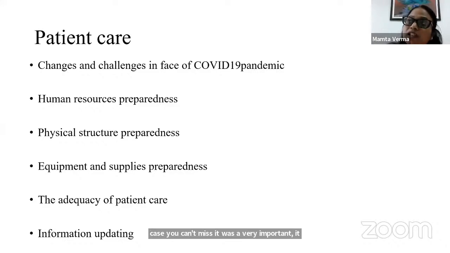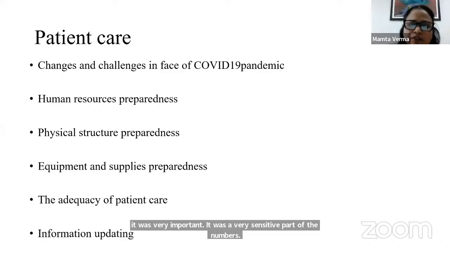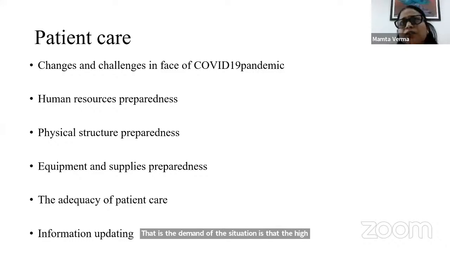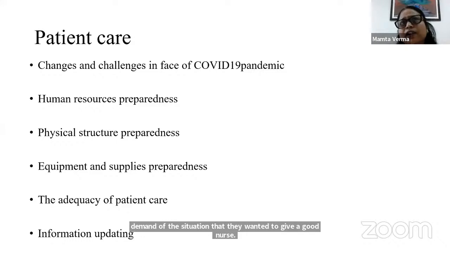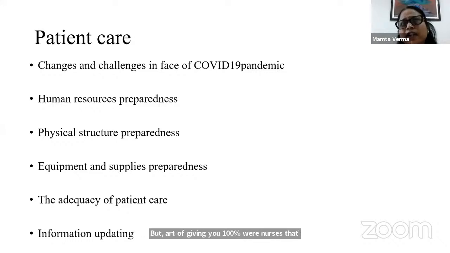It was a very sensitive part for the nurses, who felt that the situation demanded a lot and they wanted to give good nursing care, to give their 100%. But nurses felt they were not able to give adequate patient care because of too much workload and the emotional weight each nurse was carrying when going to the bedside of a COVID patient.